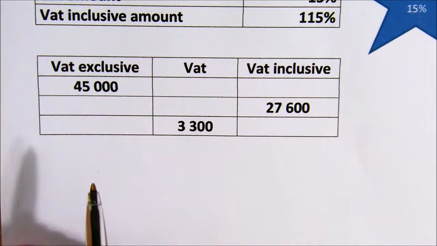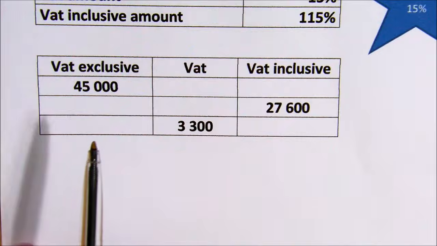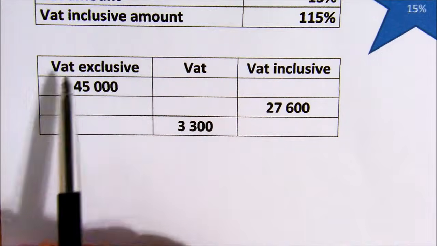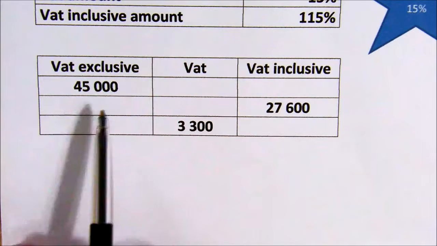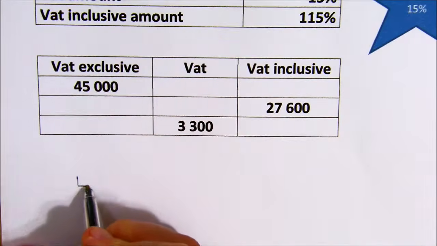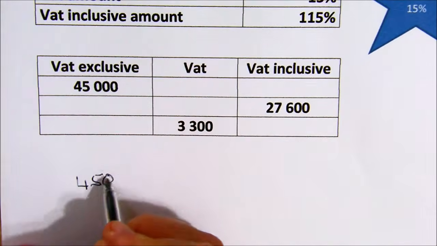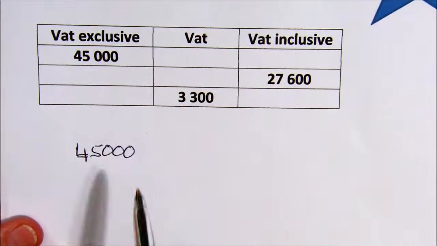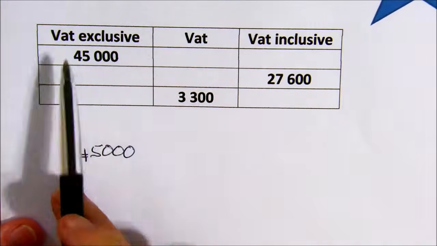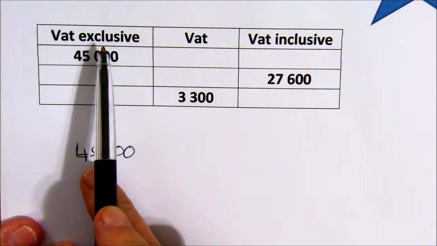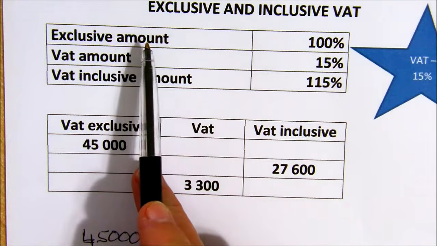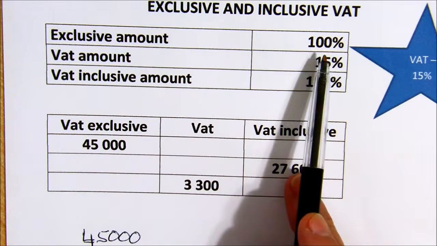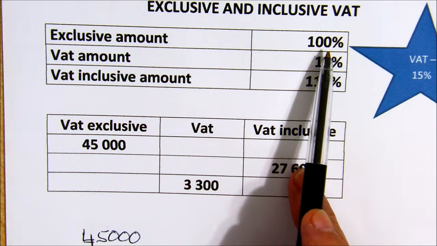Now the starting point, as all calculations we do, and I've done this in several of my videos, is the amount you're given. That's the exclusive amount that you've been given, 45,000. But that 45,000 is exclusive of VAT. So remember, if we look back at our table, our exclusive is 100%, because that's where you start.